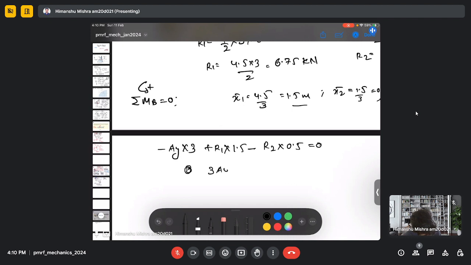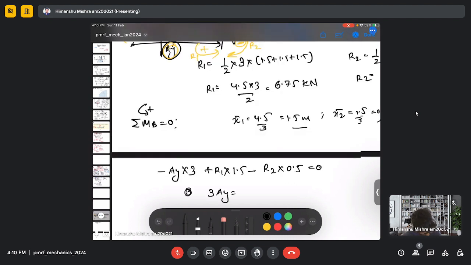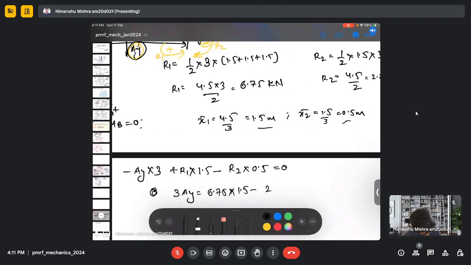So my 3 AY equals 6.75 multiplied by 1.5, 2.25.